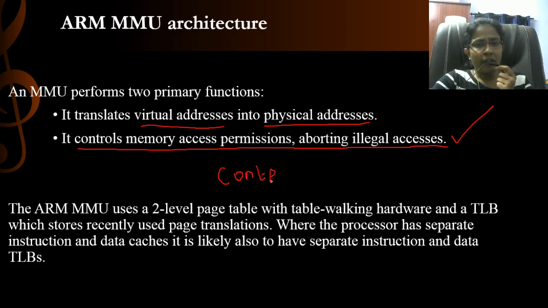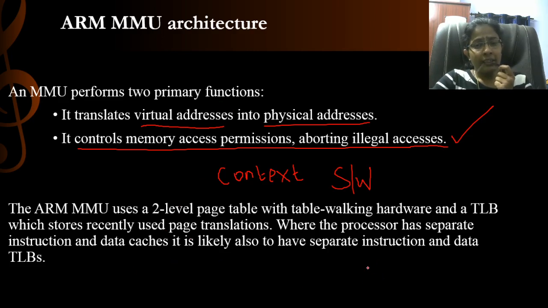As we discussed earlier, in context switching we need an MMU to control the access permission.